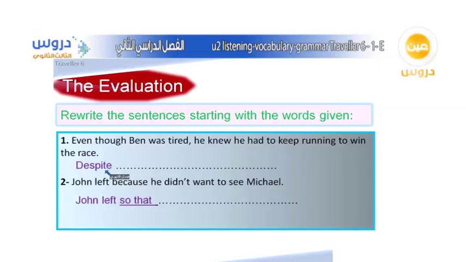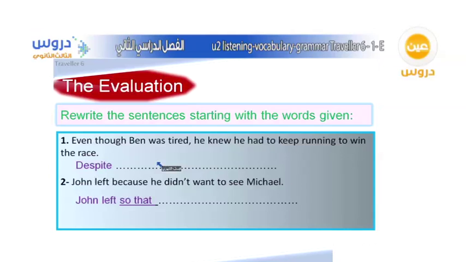The second sentence: John left because he didn't want to see Mike. So John left so that, and you can put the reason. Okay, Shuruk said, despite being tired, okay, we are going to check now. What about the second one, Lena Salah? Where are you?